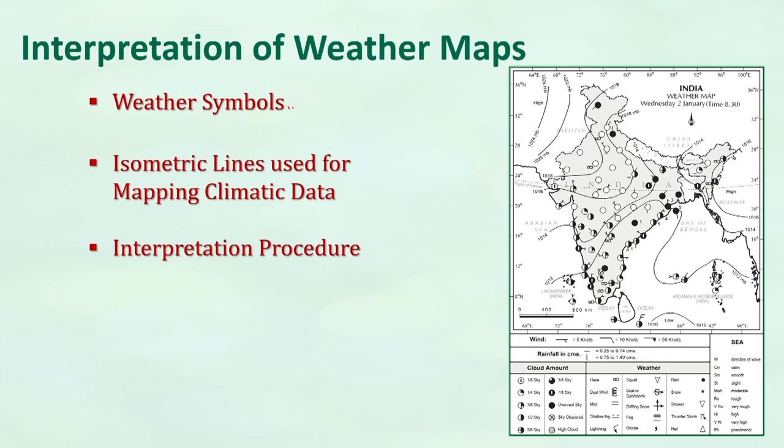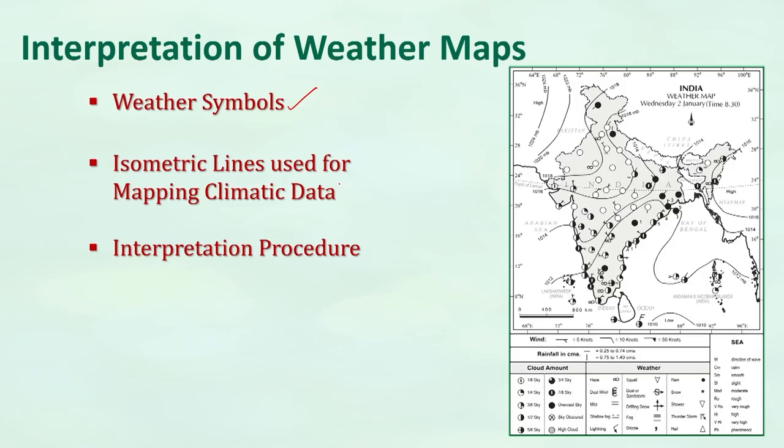Now, I would like to remind you how those weather parameters are symbolized, how they are represented in what symbol. Then including isometric lines, like temperature is mentioned using isolines, pressure is mentioned in isolines, even sunlight can be represented by isolines. There are many isolines in a weather map.